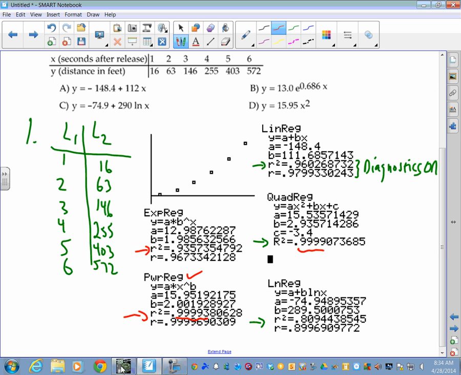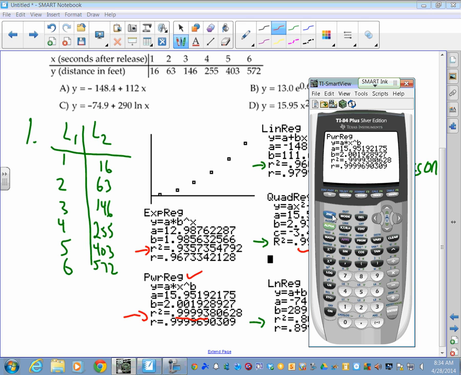Now remember, we said you want to do that as the last one you calculated. In this case it was. If not, you go to stats, calculate, and you calculate the best one over again so it's in the memory of your calculator. Then we said you would go to y equals. Do you remember where to go to your equation?